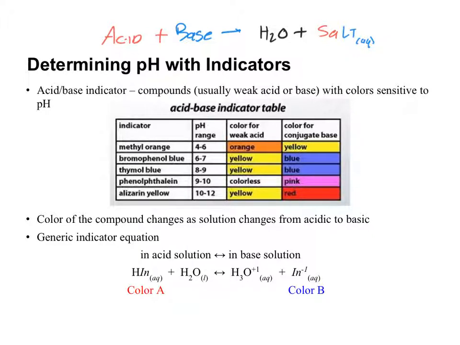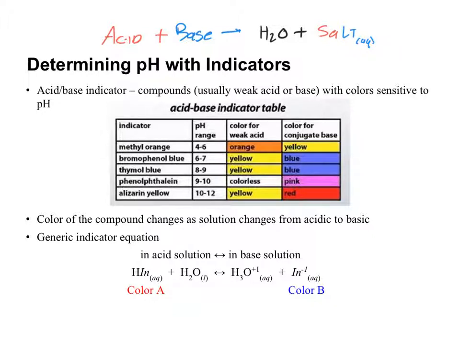An acid-base indicator is a compound that is usually formed from a weak acid or a weak base, but the compound itself is color sensitive to pH. That is, when the pH changes just enough, it will shift from one color to another color depending on what you're doing.